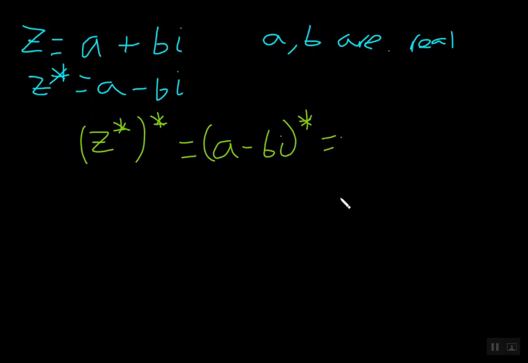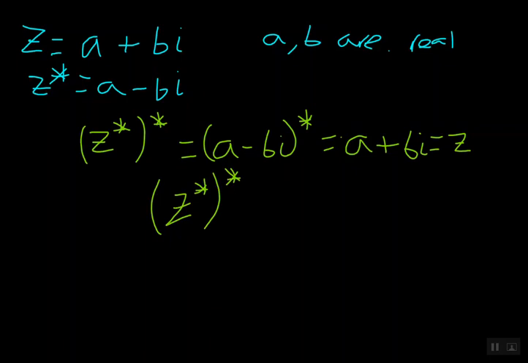We're just going to flip the sign of the imaginary part when we take the complex conjugate. So this is a plus bi, which is equal to z. So apparently the complex conjugates cancel themselves out. To write that concisely, z star star, the complex conjugate of z star, is equal to z. That's an important identity to know.